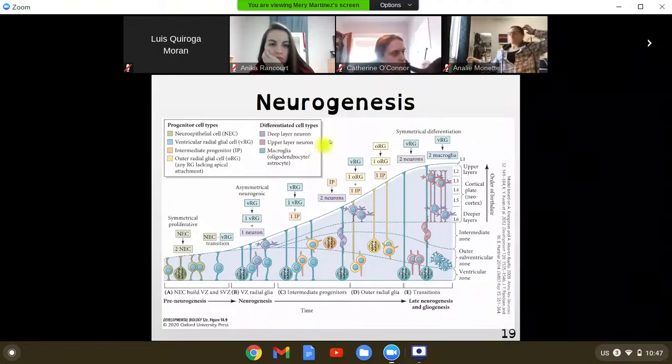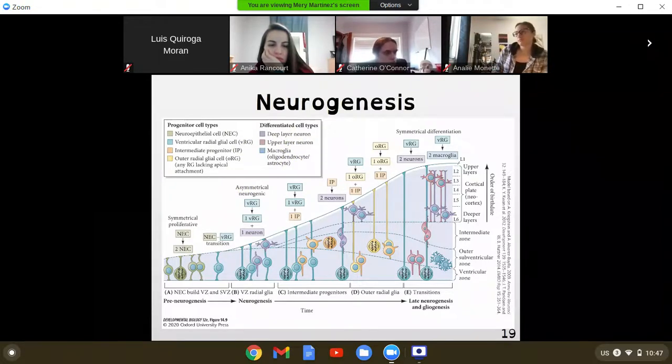And we have the different types of cells that they differentiate into: deep layer neuron, upper layer neuron, and microglia, either oligodendrocyte or astrocytes. So as the neural tube matures, the progeny of the neuroepithelial stem cells become radial glial cells. So we are here right at the bottom. This is the pre-neurogenesis, and this is late neurogenesis, okay?